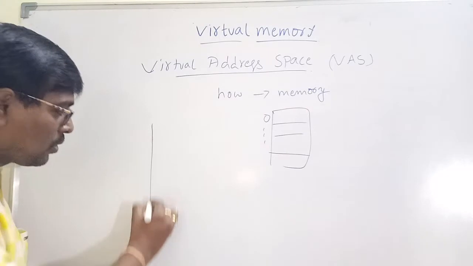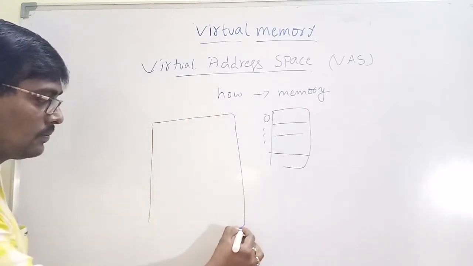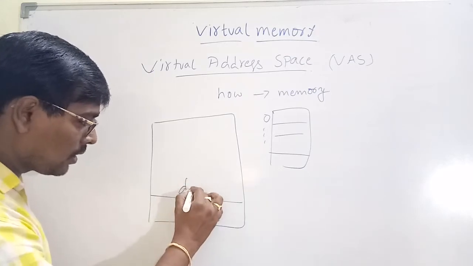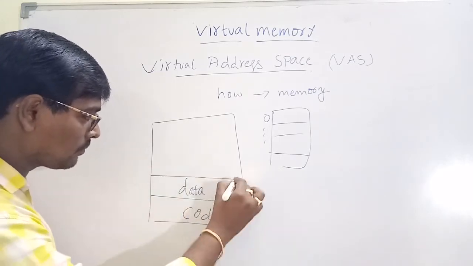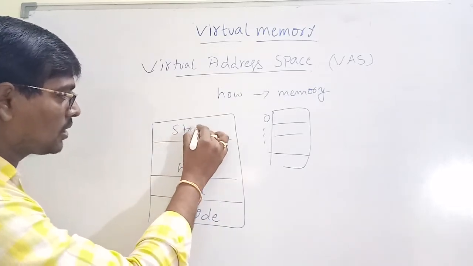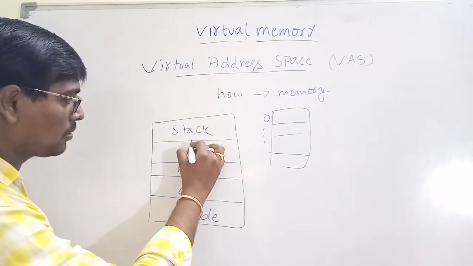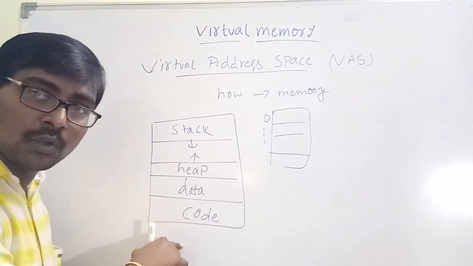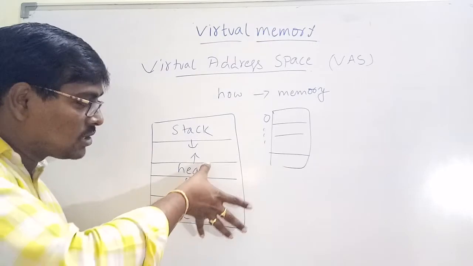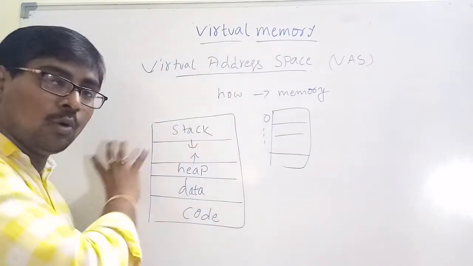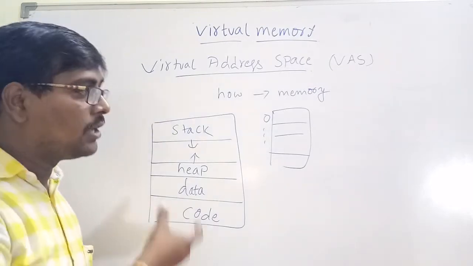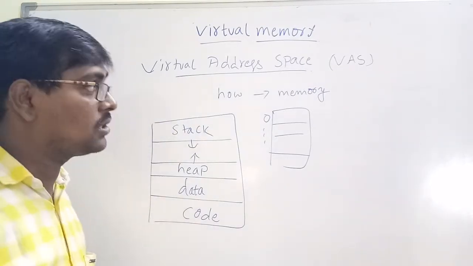This is the process representation: code, data, heap, stack. This is how a process is stored in the memory. The virtual address space refers to how this is stored in the memory, typically starting at a particular address and stored in a continuous fashion.